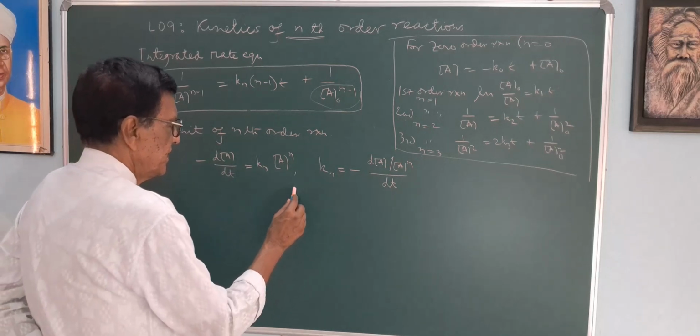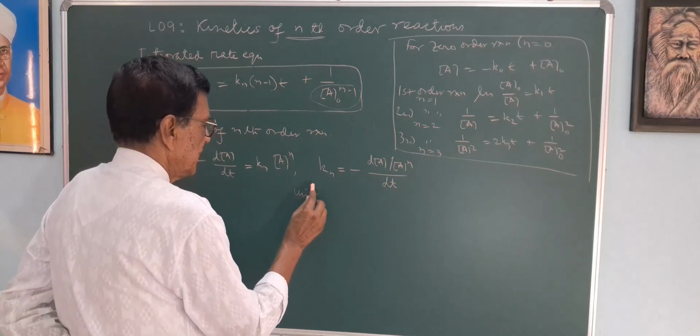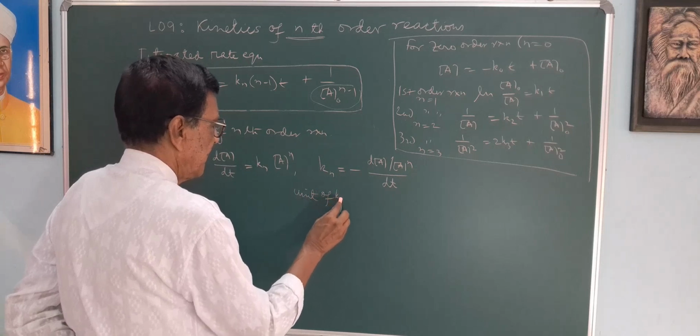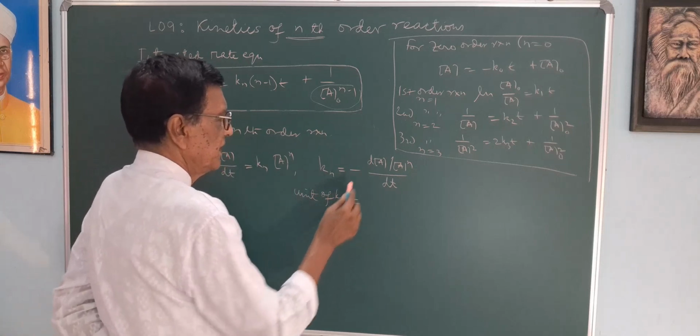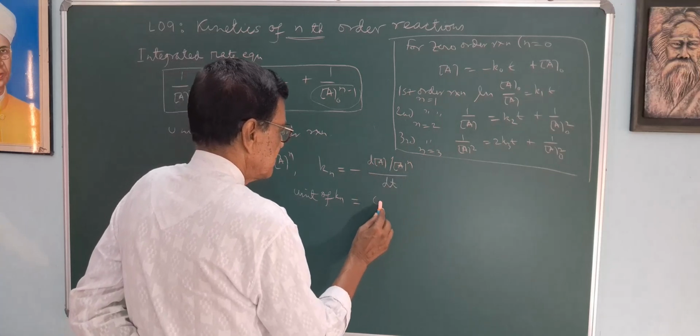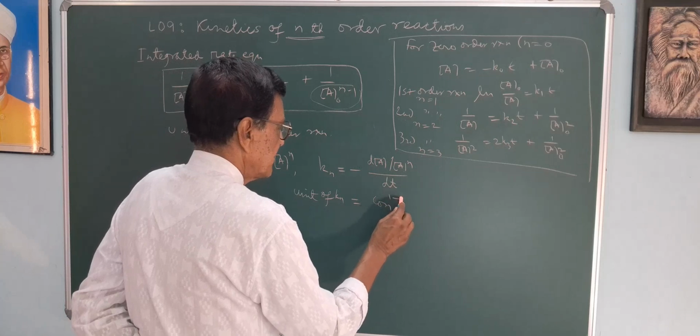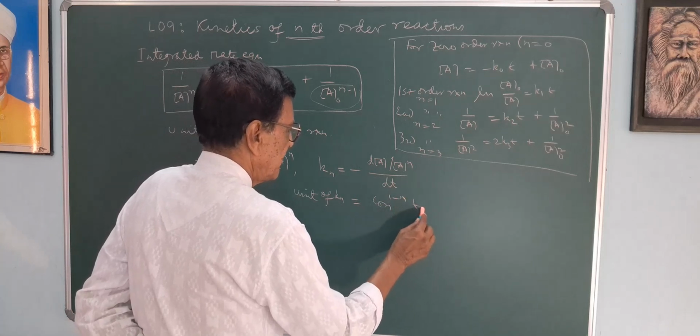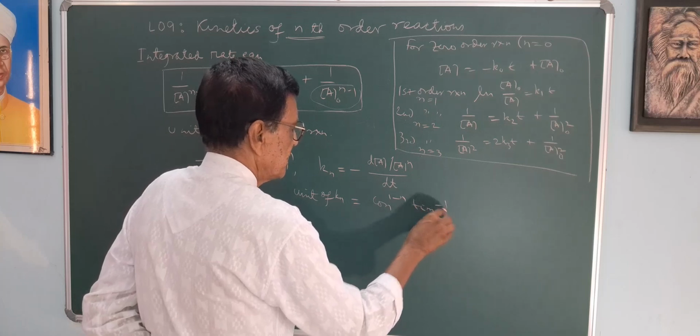So the unit of Kn will be concentration to the power 1 minus n and time inverse.